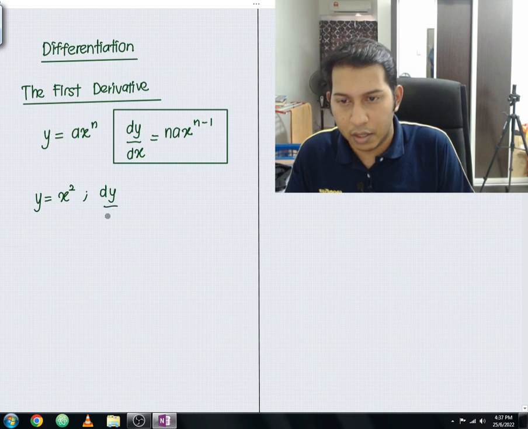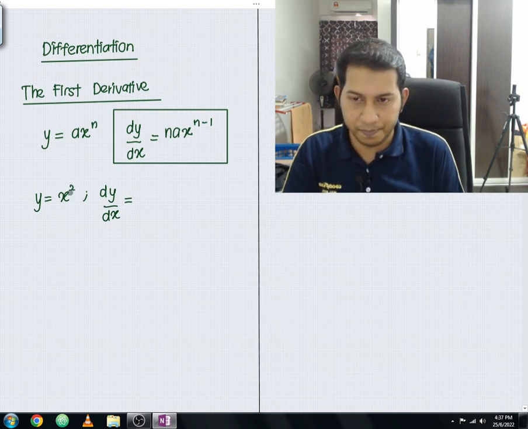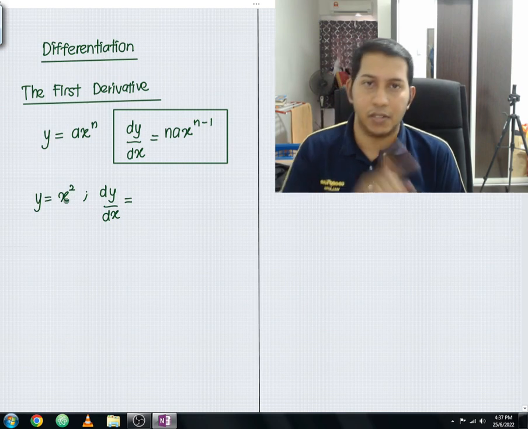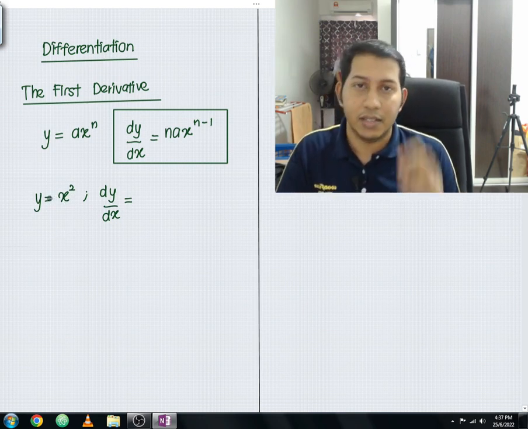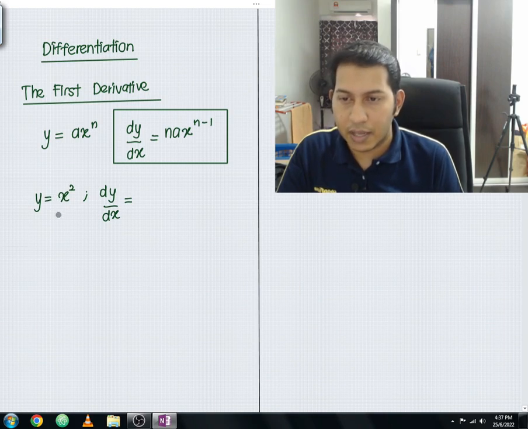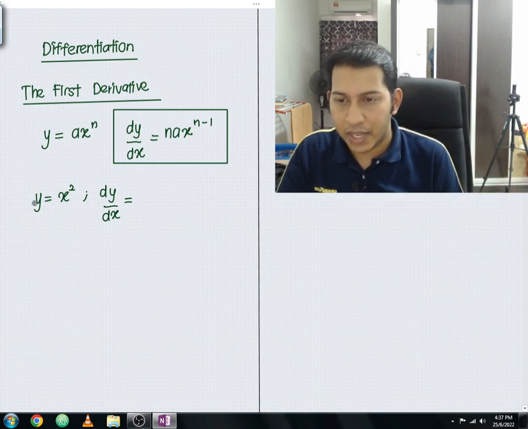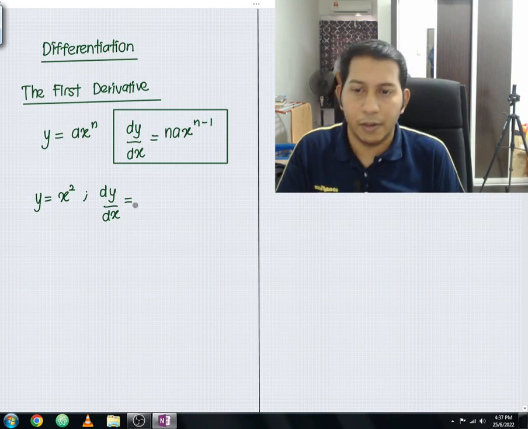To find the dy dx, the 2 you times with the 1. By the way, the coefficient of x squared is 1. Just because there's no number in front doesn't mean that it is 0, guys. In front here is actually 1. Usually in algebra we don't write 1x squared, so it is understood that the coefficient is 1. So the 2 you times with 1.